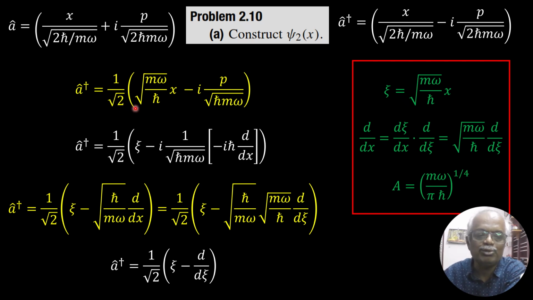So 1 over square root of 2, then mω goes into the numerator: the square root of mω over ħ times x, and here it is minus because we are considering the creation operator, minus ip over the square root of ħmω. Now you label this as z.